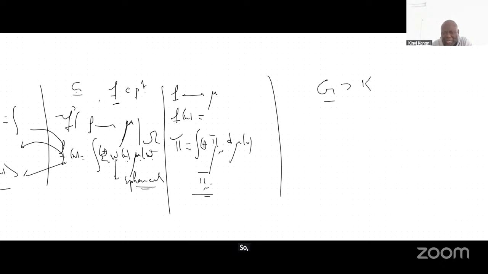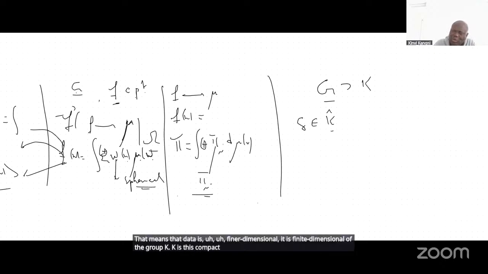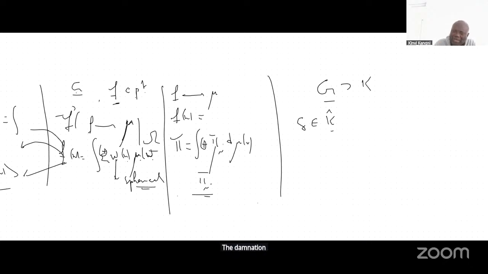So we consider an irreducible representation delta of K, an element of the unitary dual of K. That means delta is a finite dimensional irreducible representation of the group K. Since K is compact, any irreducible representation of K is finite dimensional.